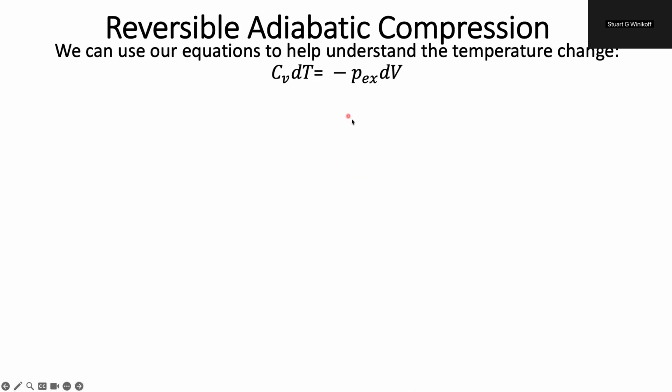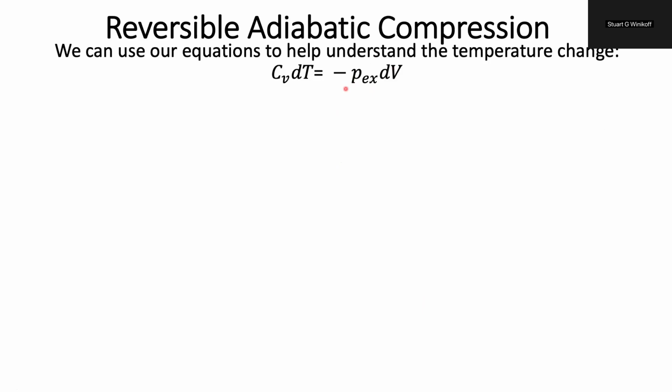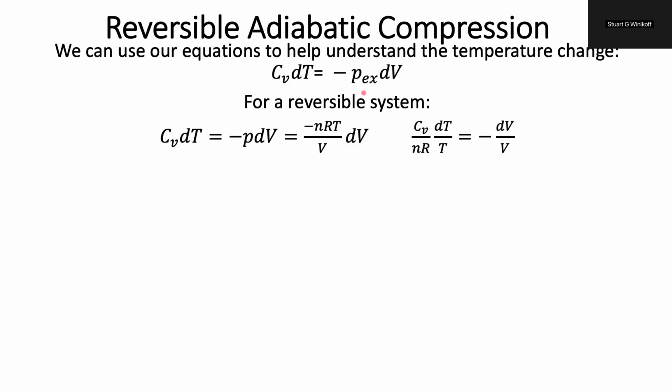Now, to do this, what we'll first notice is that we need an expression for that external pressure. So at this point, we're usually looking at one of two cases. Either it could be isochoric or isobaric, which is relatively straightforward to integrate both sides. But a much more interesting case is going to be looking at reversibility.